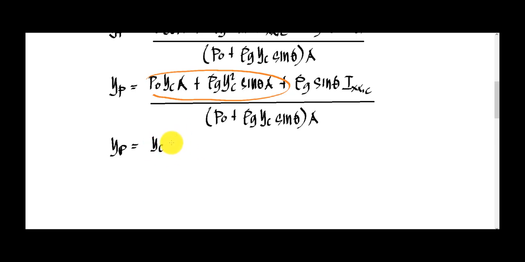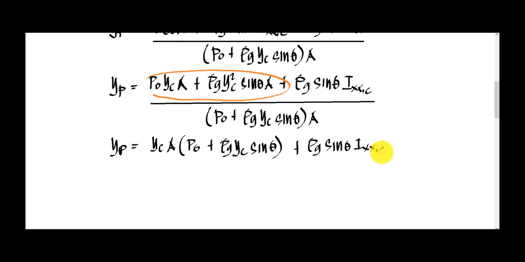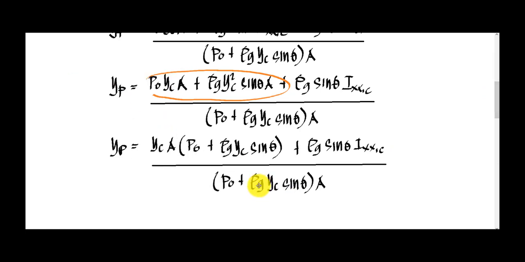So we have your yc, then you have your area, then we multiply by the atmospheric pressure plus your density, gravity, then yc sine of theta, then plus we have your density, sine of theta, then your I xc, and it is divided by, again, the same equation we have here.